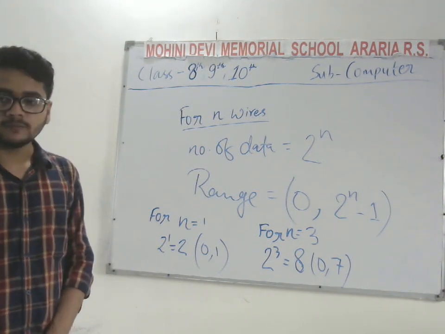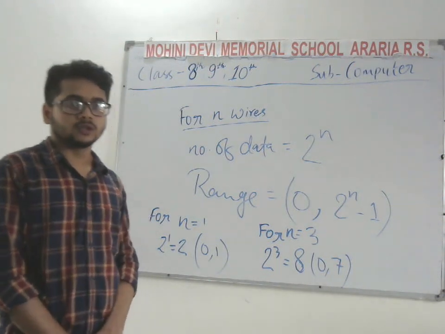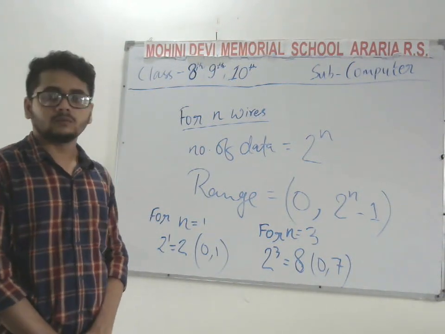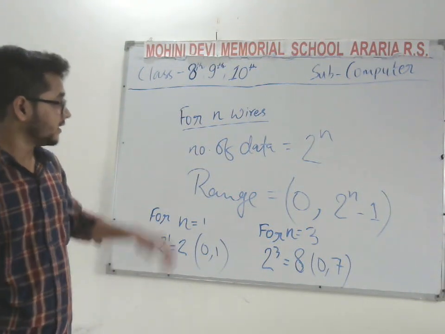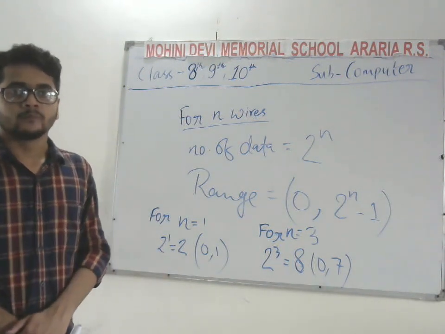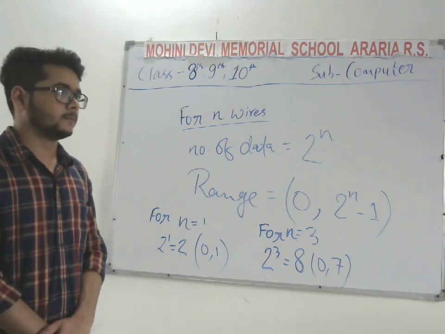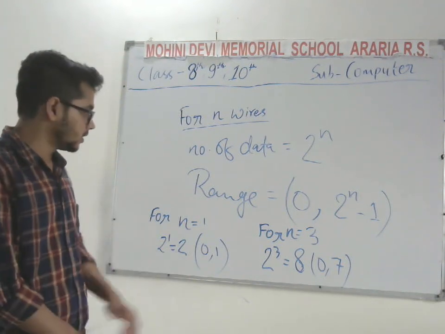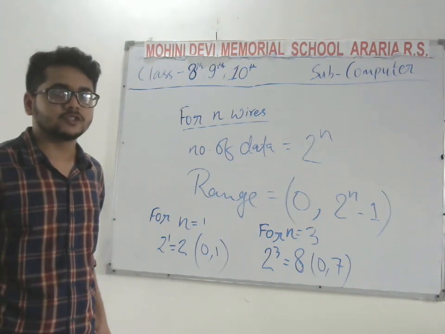In a computer system, you may know about the concept of a byte. One byte is 8 bits. For n equal to 1, one wire can represent two data, and this is the smallest part of the total system. We cannot have less than one wire, because you can't have zero wires.